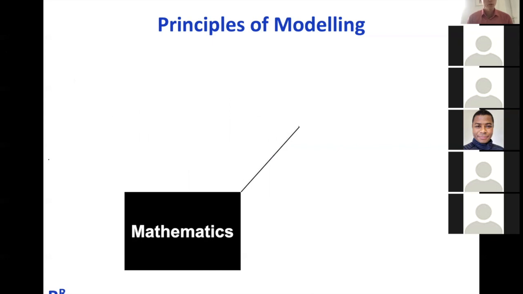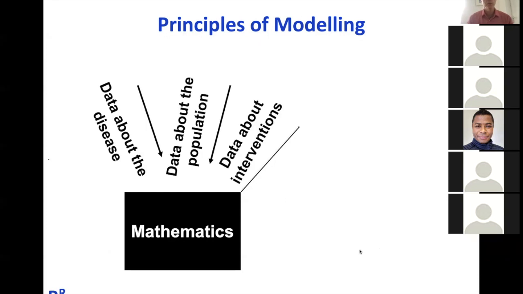Principles of modeling. What does a mathematical model look like? Actually, the most simple approach I can imagine is like this. It's a black box with lots of formulas inside, normally done by a mathematician or physicist. This box only works if we enter the right components, namely data about the disease, data about the population, data about interventions.